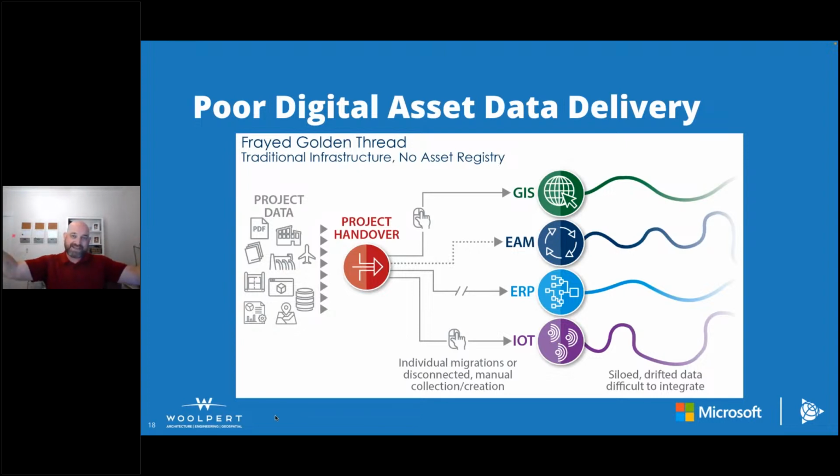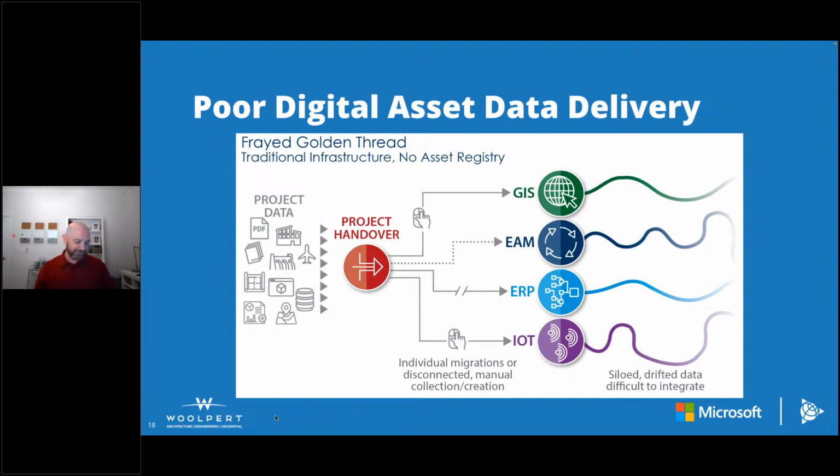They're all managing the data independently. So, tying back to this golden thread analogy, the thread was handed to you in whatever condition it was handed to you, but immediately it begins to fray as we disperse it into these unconnected systems that we're using to run our operations throughout our enterprise.